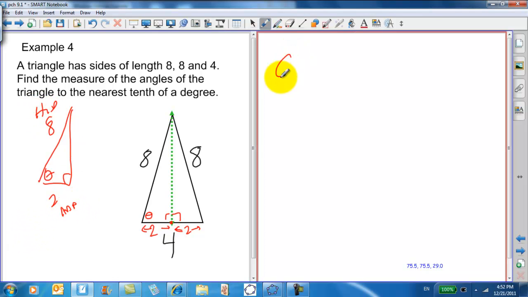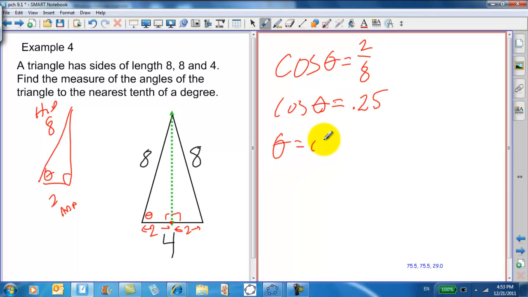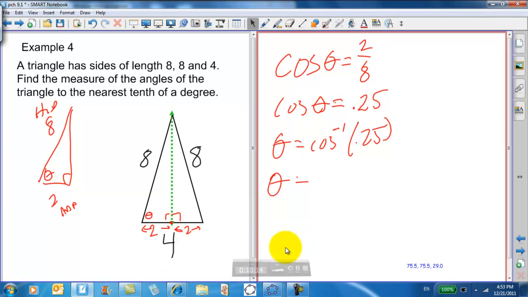So the cosine of theta equals 2 over 8, or cosine of theta equals 0.25. And we can put this into the calculator with the inverse cosine of 0.25. And we get 75.5 degrees. So that's the angle theta.